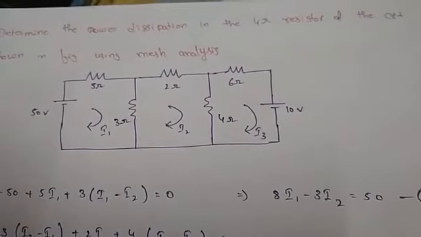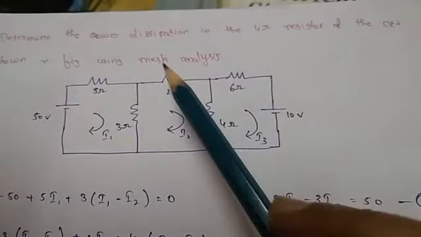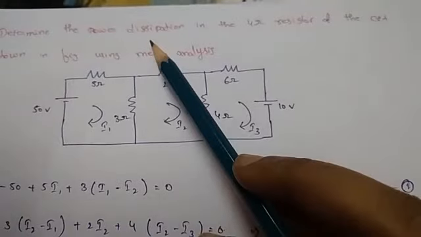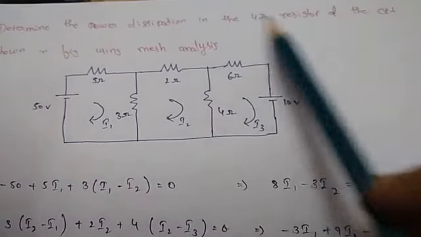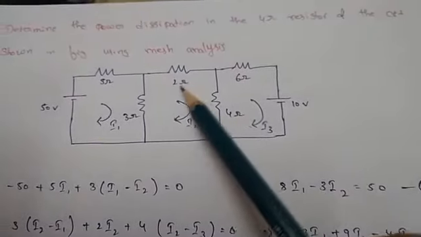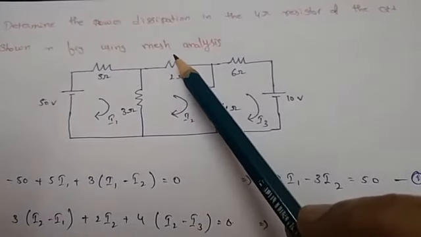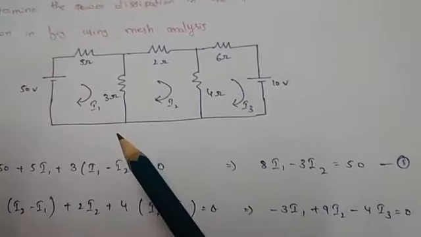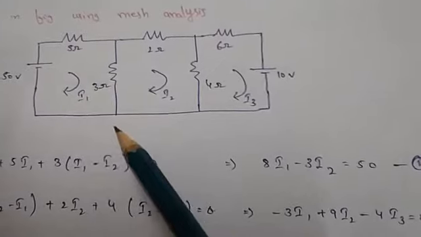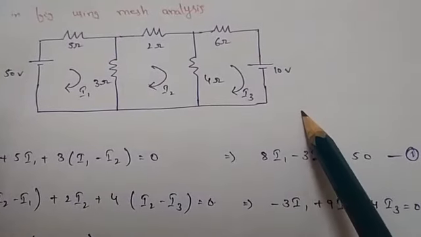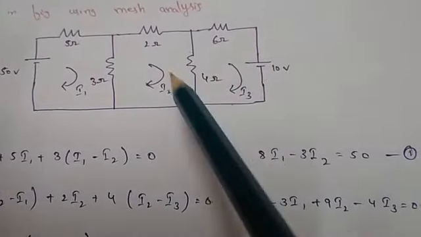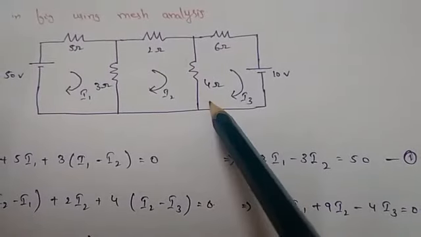So here I come across a problem. In the given problem they asked what is the power dissipation of the 4 ohms resistor in the circuit, and they ask us to find it using the mesh analysis. If you look at this circuit, we are having 2 sources and this is the required branch.